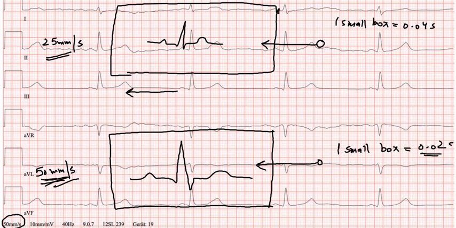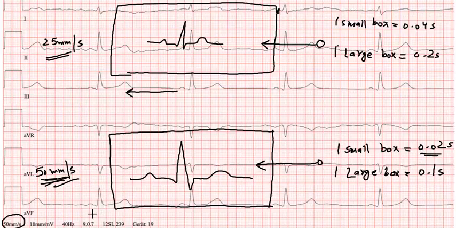And if at 25 mm per second, one large box was 0.2 second, at 50 mm per second, one large box will be 0.1 second. That's how changing the speed of the ECG paper changes all the ECG measurements and calculations.